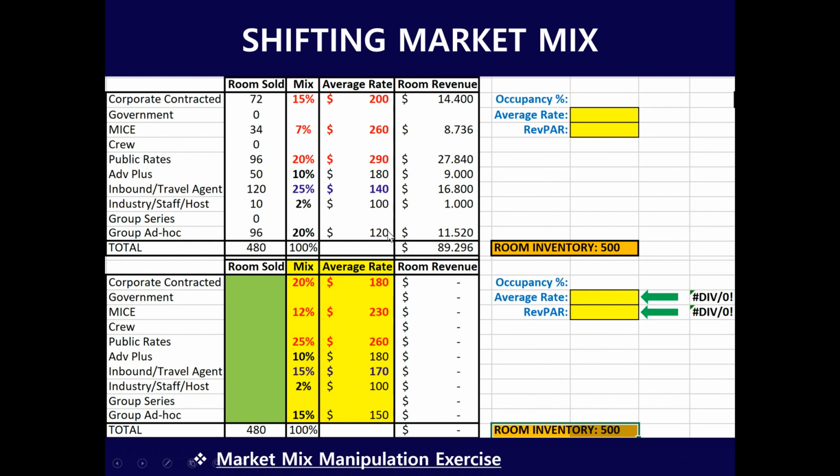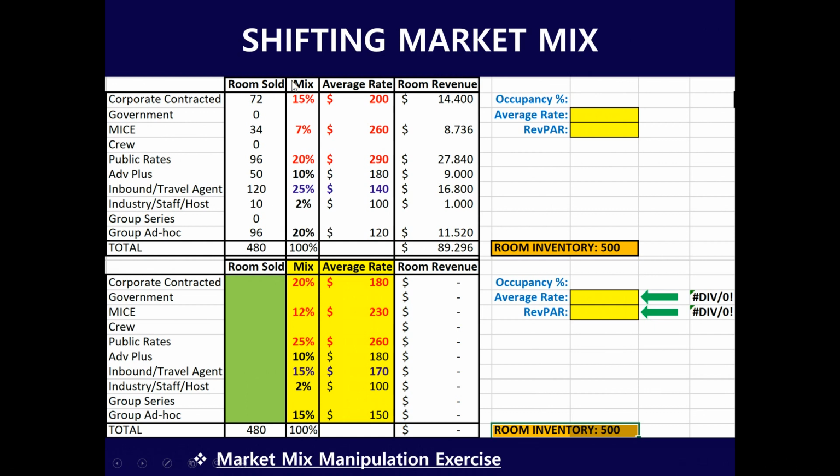So what we can think of now is, rather than increasing our occupancy from 480 to 500, full house, why don't we play with our market mix to maximize our revenue? That is the main purpose of this exercise.